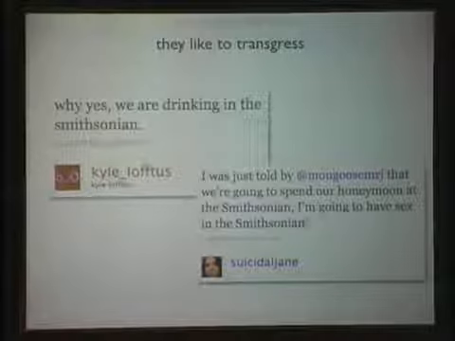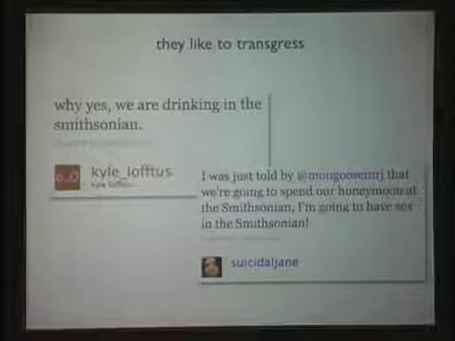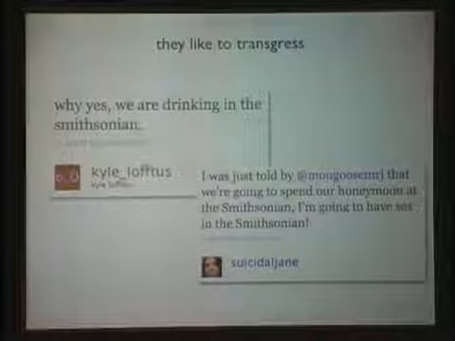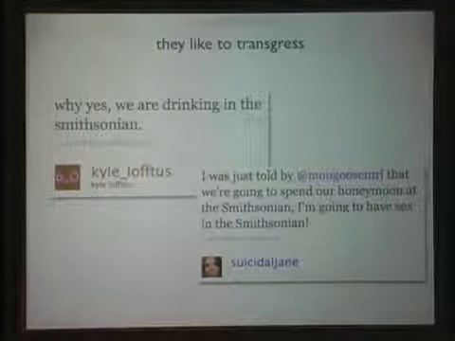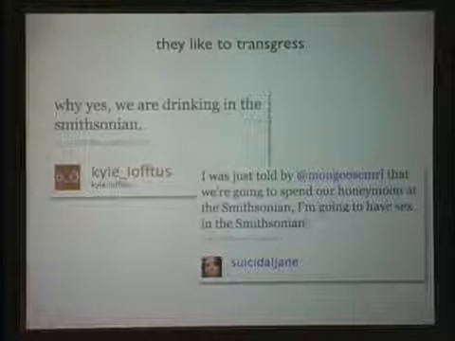But when I look at these things, I don't look at them and say, okay, the Smithsonian needs to let people drink inside or have sex inside. But what I look at it and see is that people are aware that this is a place that has rules, and they're poking fun at that. And I think that that doesn't mean that they don't appreciate or think those rules are reasonable.